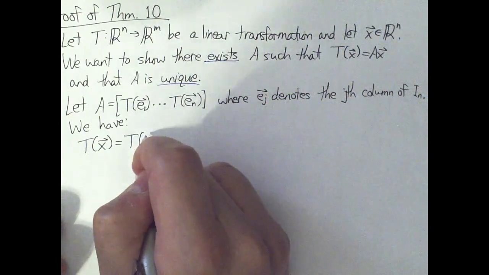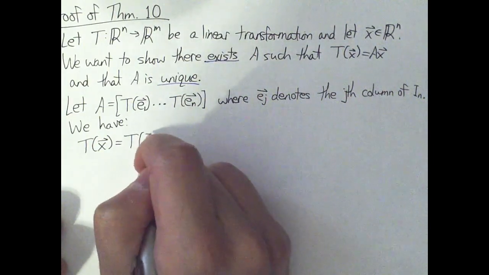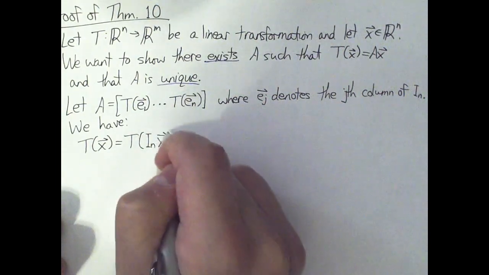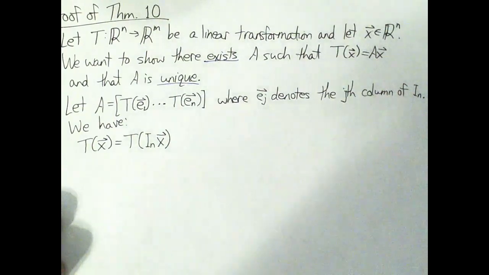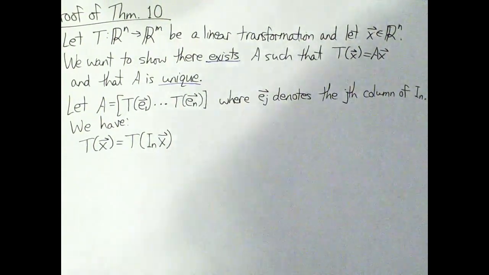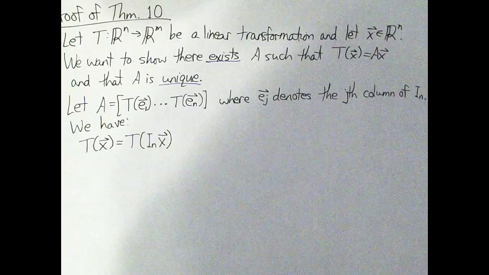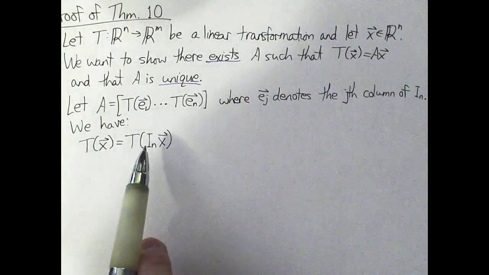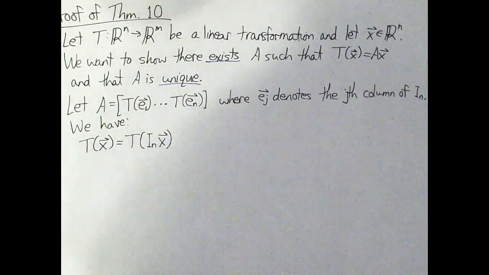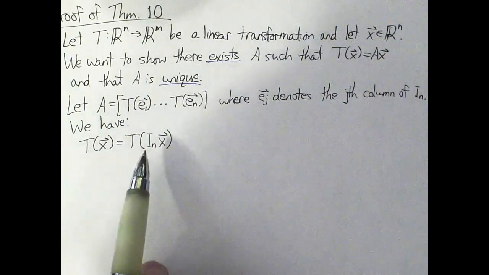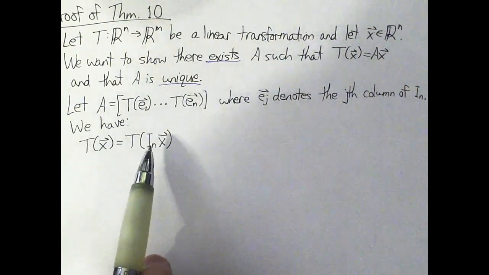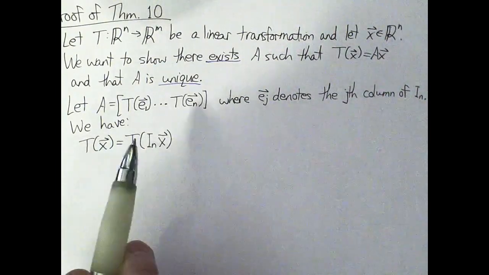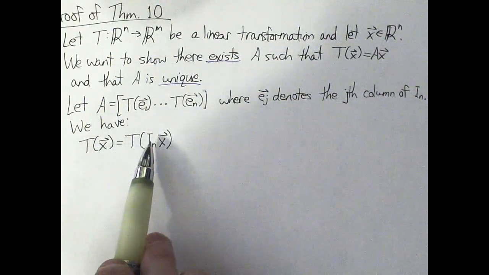The identity matrix times the vector X. I don't know if we've really said this in this class or not, maybe I'm saying it now, but X is equal to the identity times X. That's kind of why it's called the identity. It's a multiplicative identity. Any vector X is equal to the identity times X.